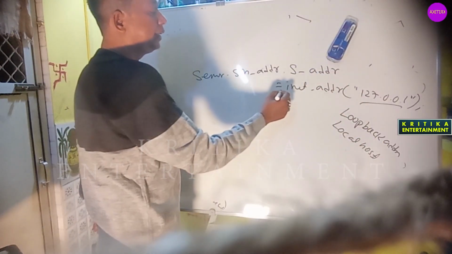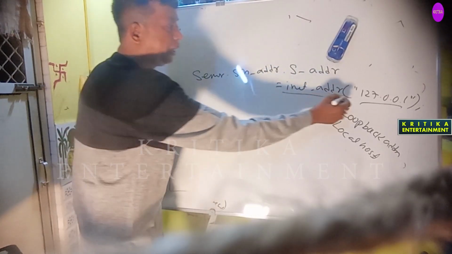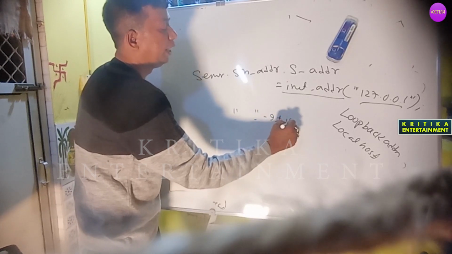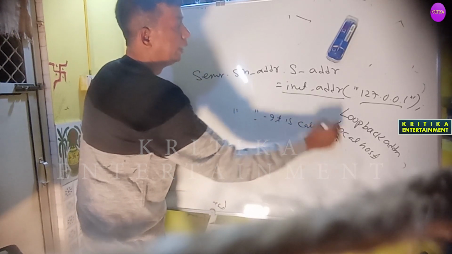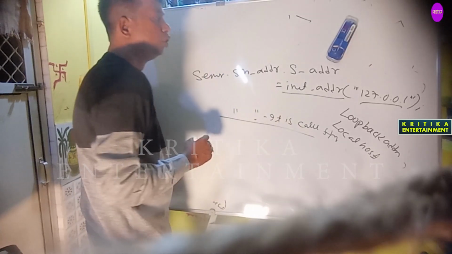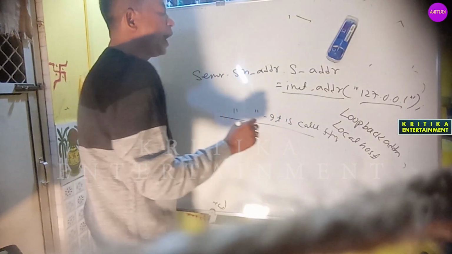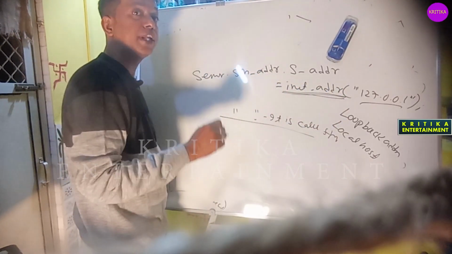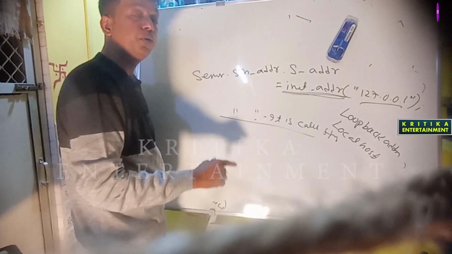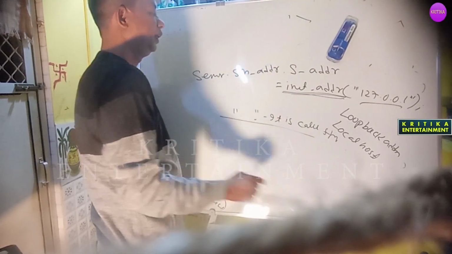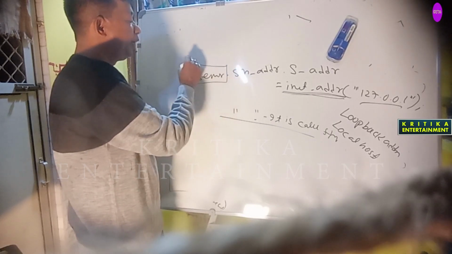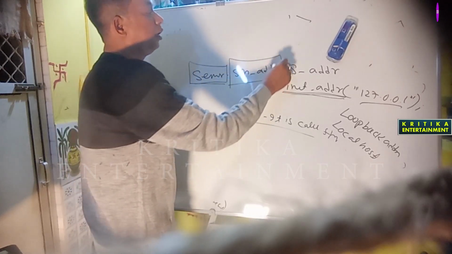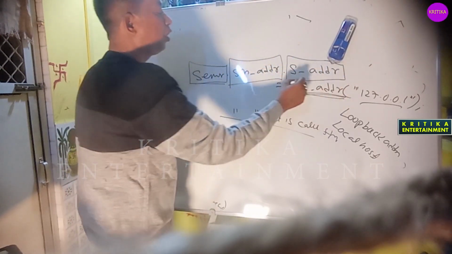Then what is inet_addr? You remember here I have given double quotes. Double quotes means it is a string, not an actual IP address. To make it an actual IP address, I use inet_addr. This function converts the IP address from string to the original dotted format. So what is this? server is the structure variable, inside it is a nested structure variable, and this is a data member of the structure.